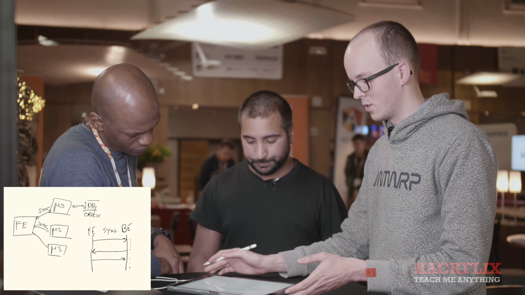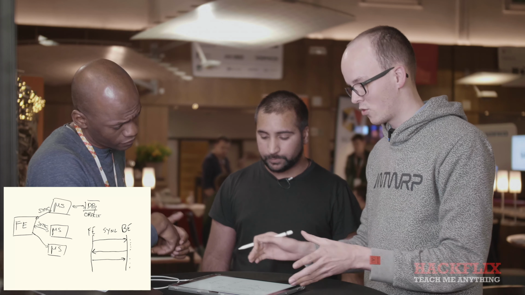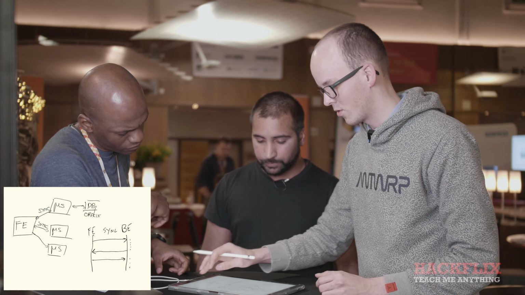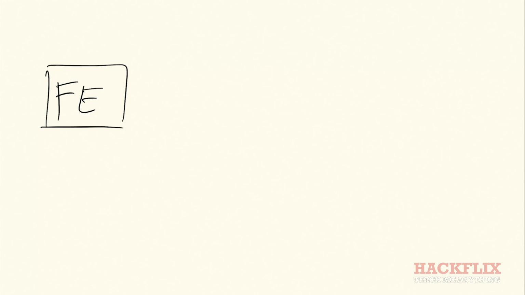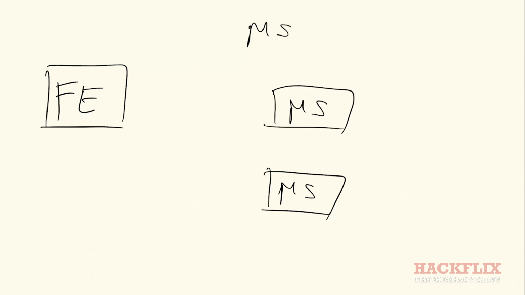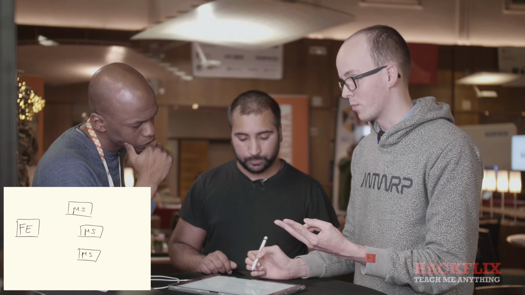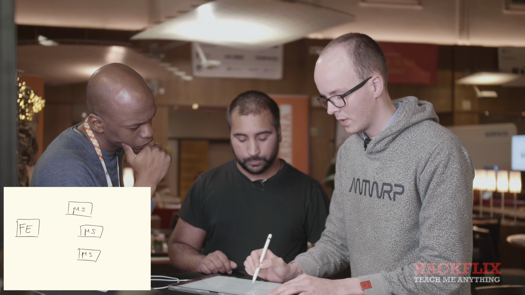I will let Jeroen explain the next step. Let's take a new page to show you how we have the architecture now. Let's take the front end, because we still have a front end. That's not going to change. And let's say that we already have our microservices, say 3 of them for now. And now we basically have 2 extra components.